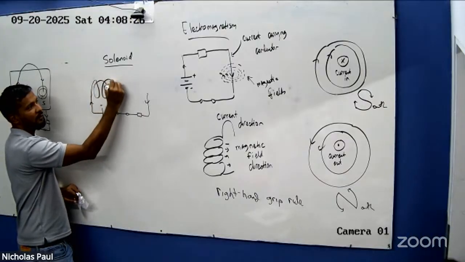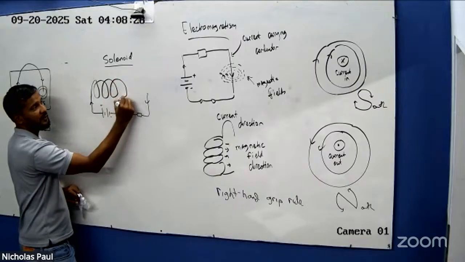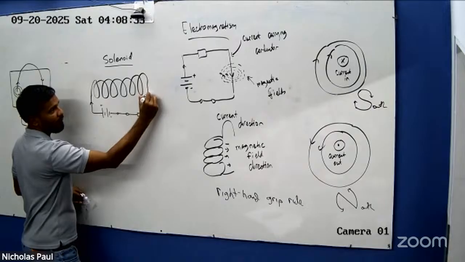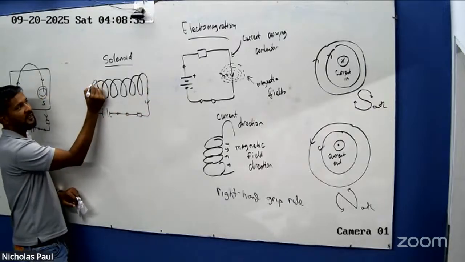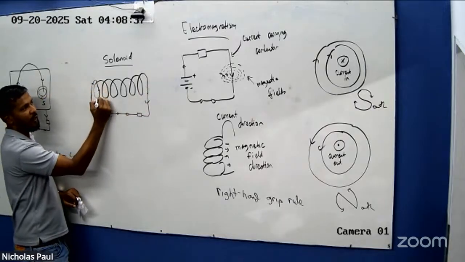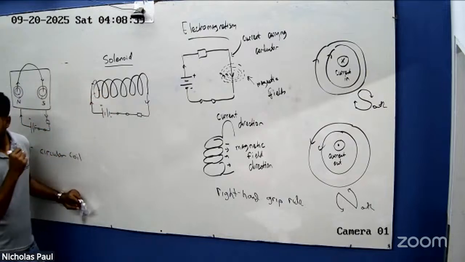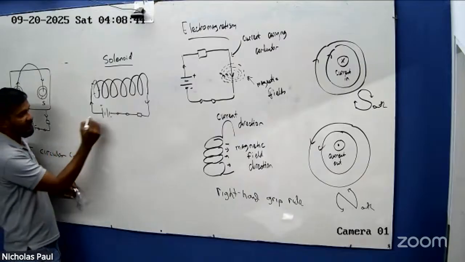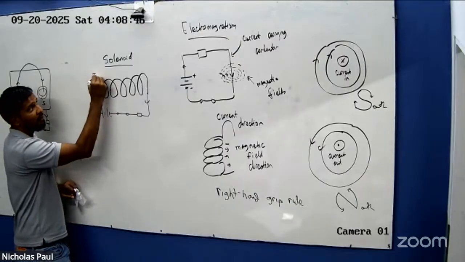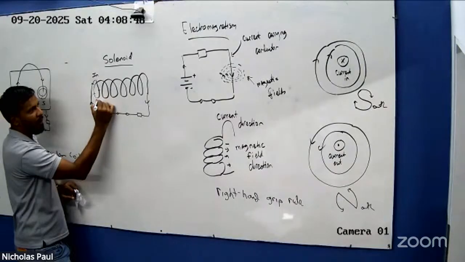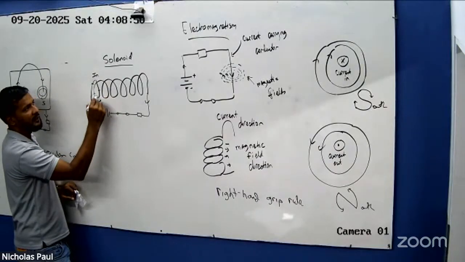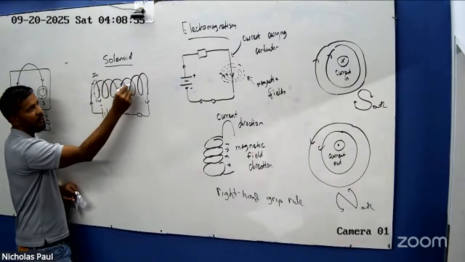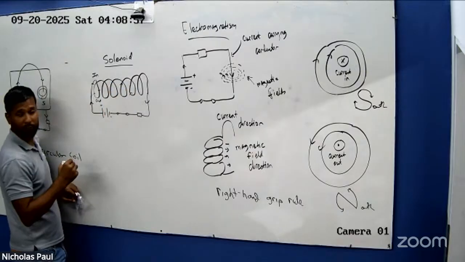In. You're seeing that? So it's always going in at the top, and when it flows here, it's coming out here. That's okay? So you have to pay attention to the way the coil is behaving. So it's going in at the top, and when you watch it properly, it's coming out here all the time. In, out. Same thing here. It's going in at the top there, and it's coming out here.